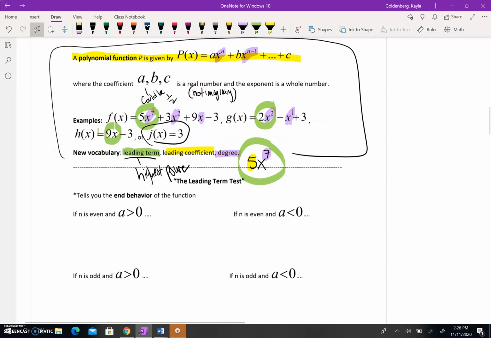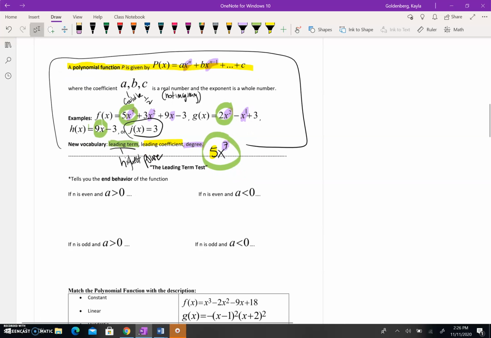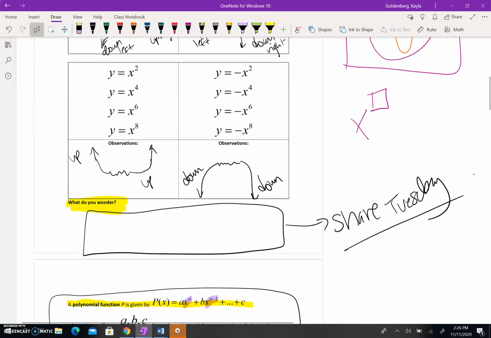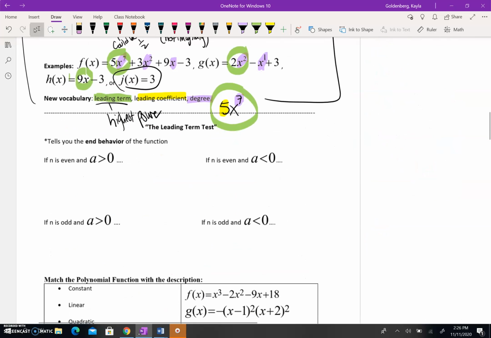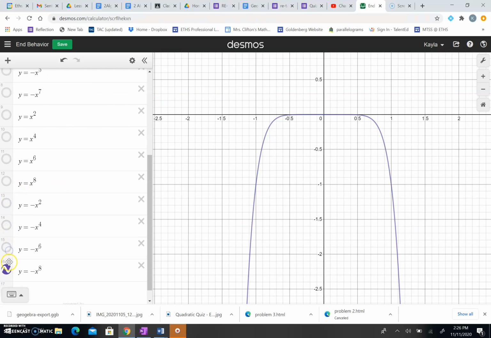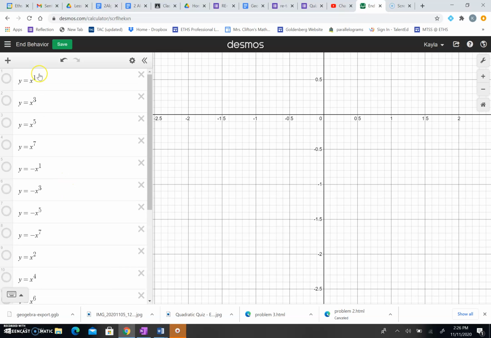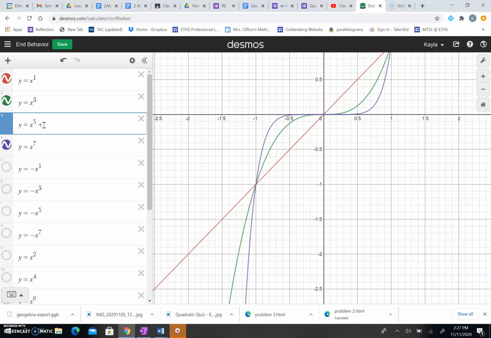Okay, this end behavior, the end behavior of the function, right, that we saw here, like the shape of what it looks like, that's determined by the leading term. So for instance, if I go back to Desmos, right, we focused solely on looking at functions that were just like x to the first, y cubed. But what I could do, right, is it could be x to the 5th, maybe plus 5x cubed, right?